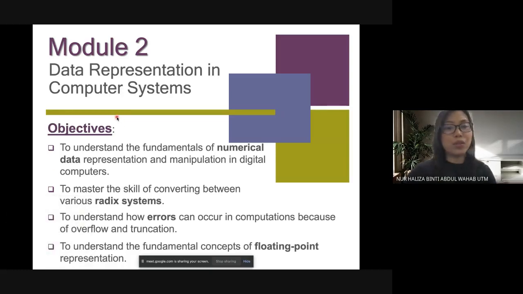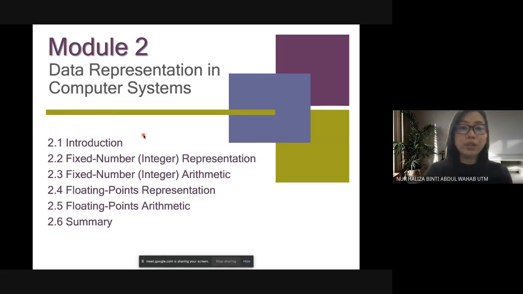On our module 2, you can read it and go through it. What you're going to see is mostly numbering, which you already learned in your digital logic. That's why I mentioned that mostly all that module 2 covers is numbering, related to your digital logic.